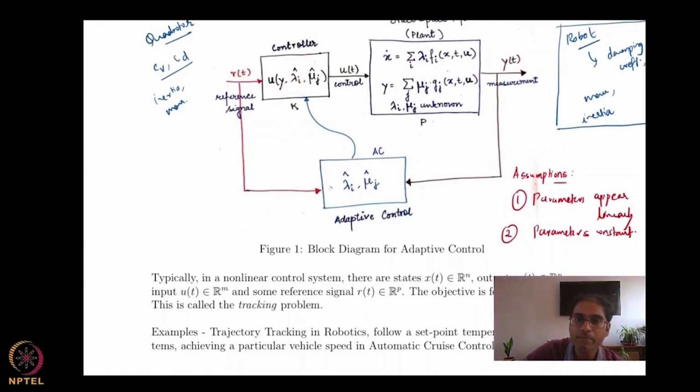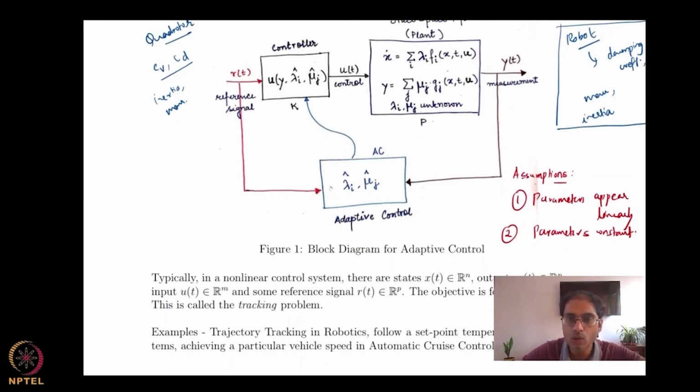So what the adaptive controller tries to do is take these measurements and put them into, for now, some sort of black box, which in turn creates an estimate for these unknown quantities. That is the additional piece. This adaptation block is the additional block in a typical adaptive control setting that you will not find in standard nonlinear control.